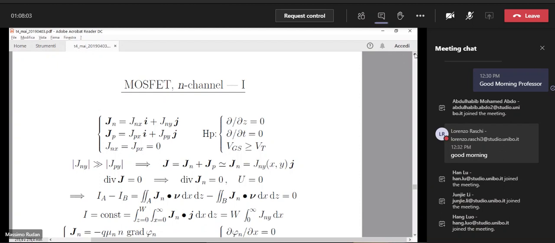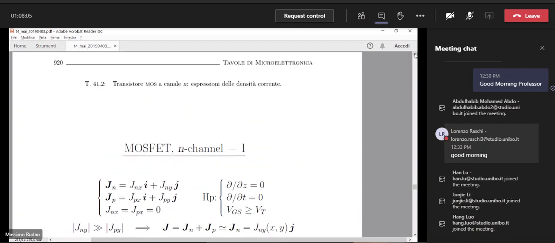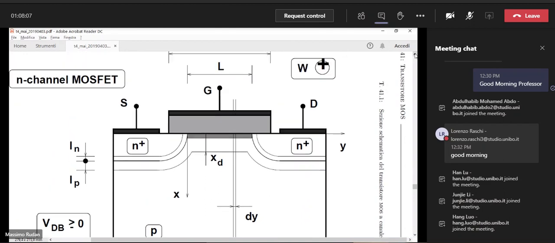Another observation is the following. If we have a well-formed channel, that means that we have a lot of electrons and very few holes. So we expect that the contribution to the total current density coming from the electrons will be dominant with respect to that coming from the holes.